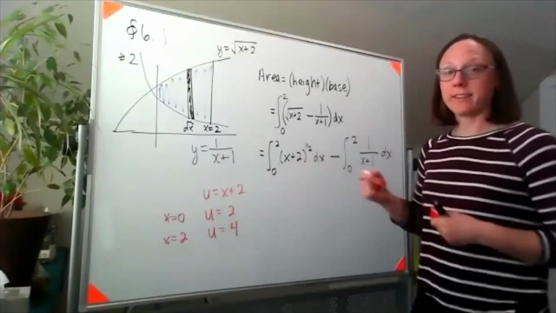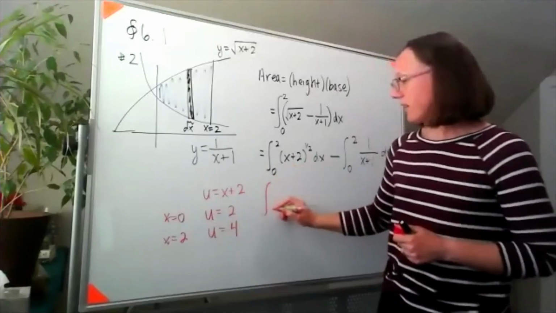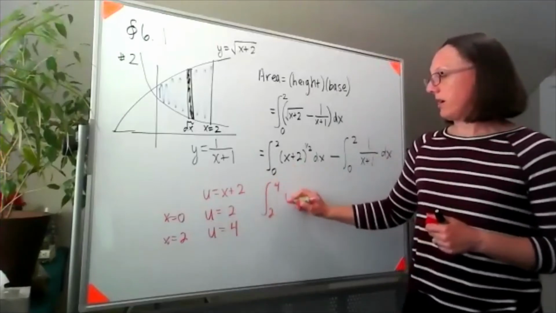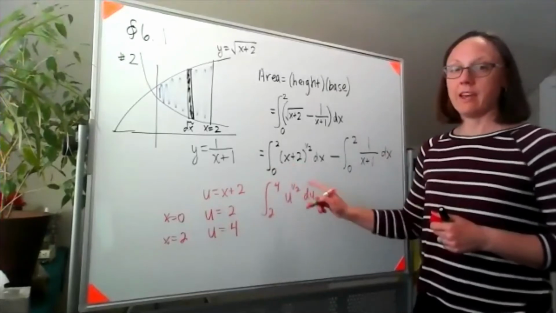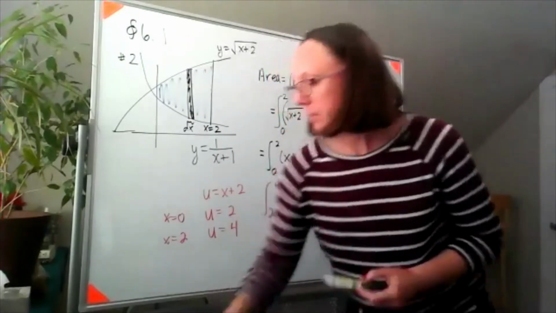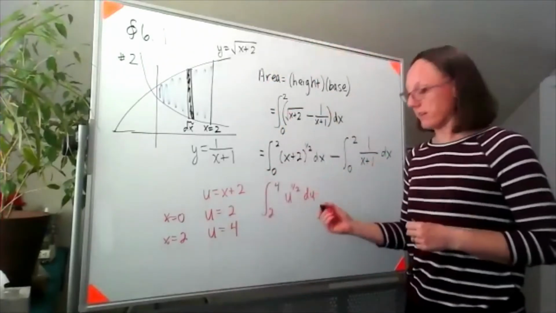Now, when we rewrite this in terms of u, this becomes the integral from 2 to 4 of u to the 1/2 du. Evaluating that integral, I'm going to add 1 to the exponent, divide by the new exponent.